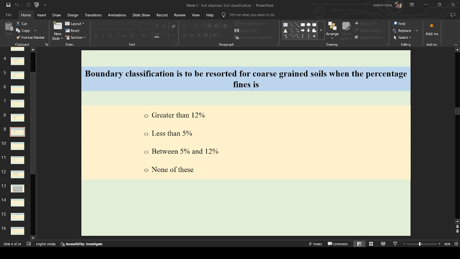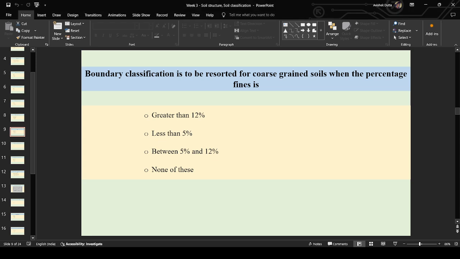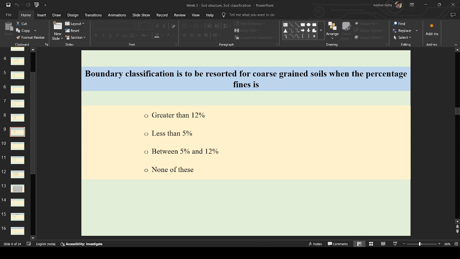This is the eighth question. Please try to join from 6 p.m., because the class actually starts from 6 o'clock. So it will be good if you all join at 6 at the right time.